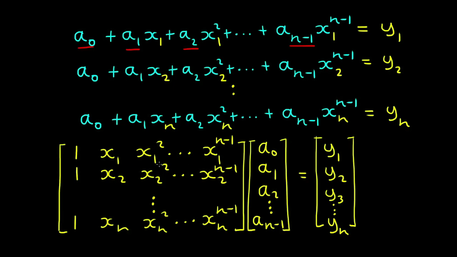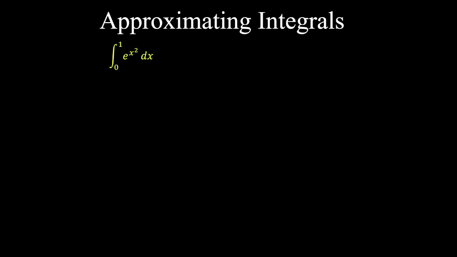And we're going to use this method to solve integrals numerically by solving this system of equations for the polynomial coefficients to get a polynomial that passes through the given set of points. We can approximate integrals using simple numerical methods such as Riemann sums, the Simpson rule, Gauss quadrature, and so on.